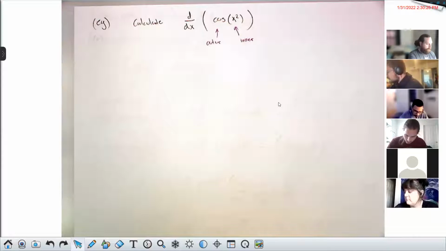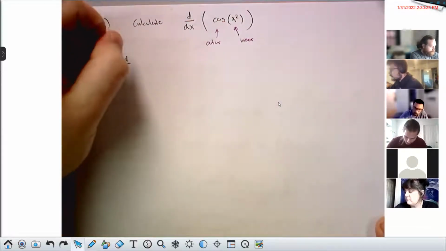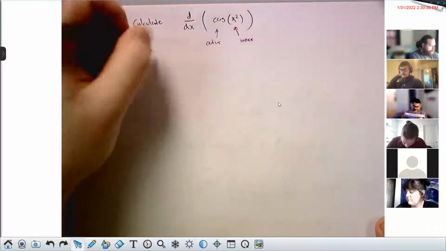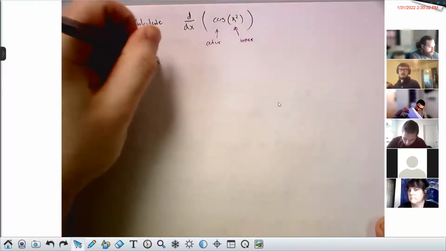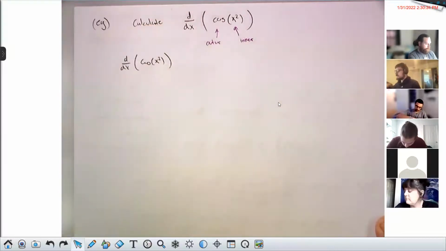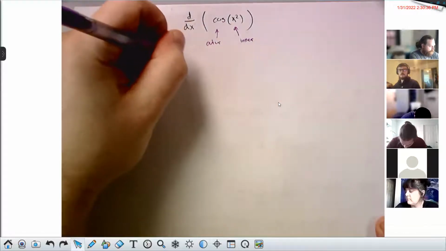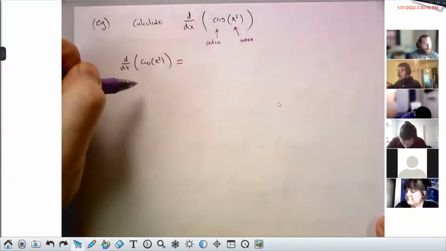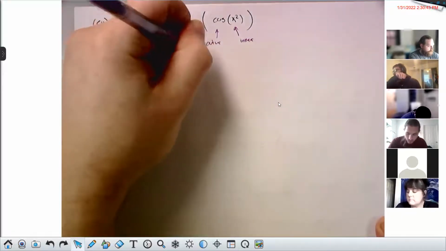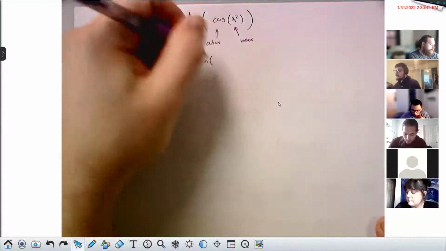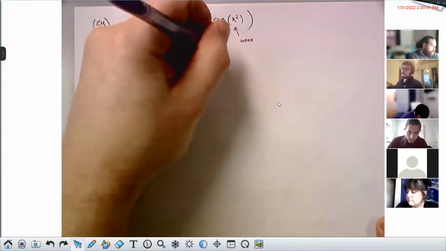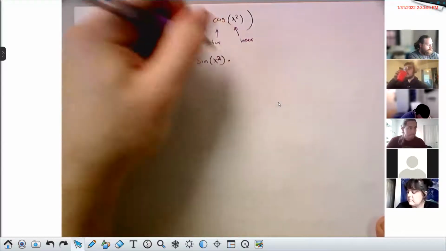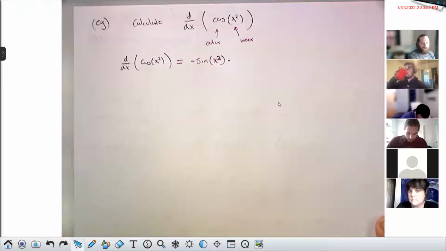So to calculate this derivative, I will differentiate the outer function, leaving the inside alone. So the derivative of cosine is negative sine. So that's negative sine of x squared. And then multiply by the derivative of the inner function.